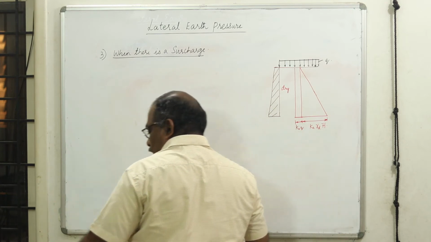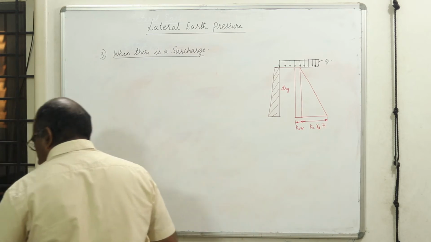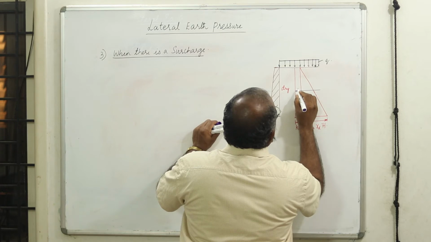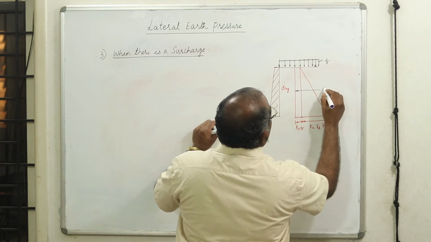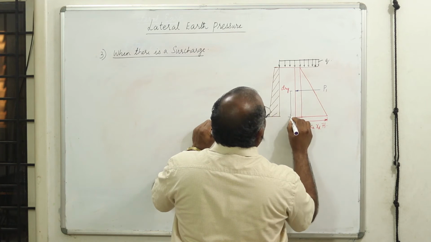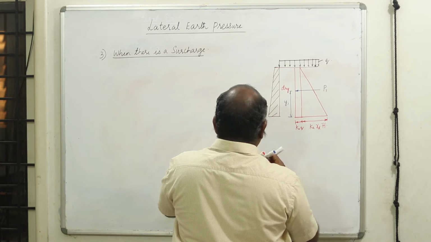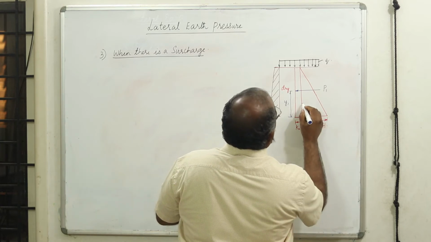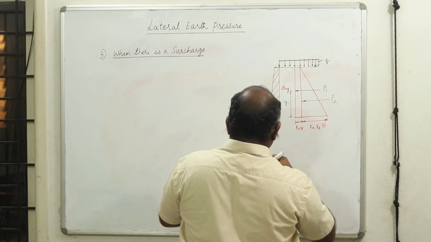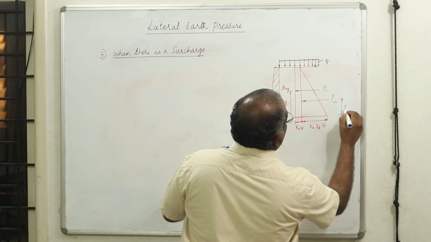Now to find out the thrust, you need to find out what is the total thrust. Now what we are going to do is, we are going to use individual areas. This is a rectangular area and this will be P1 acting at a distance of Y1, and this is P2 acting at a distance of Y2.